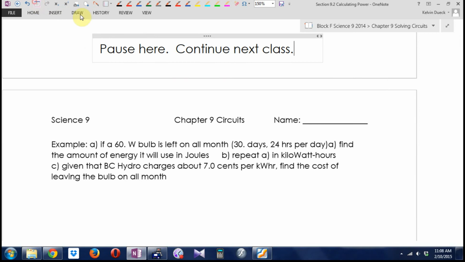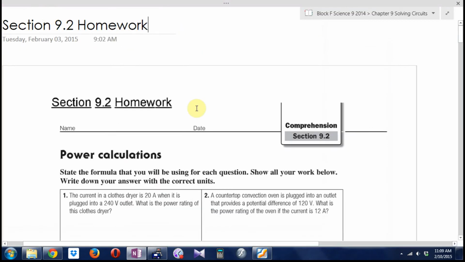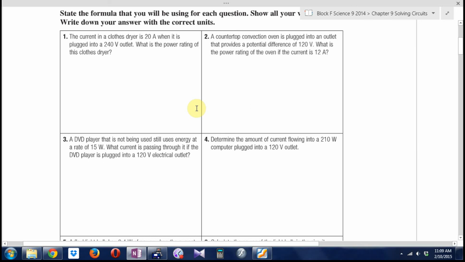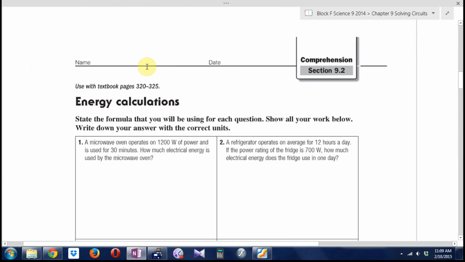I didn't quite finish the lesson, but in terms of the homework, I think certainly you can do this front page. There's enough room here to list your data, find a formula, insert, and crunch. Okay? Page 2 is energy calculations. I really haven't done as much practice with that as I like.